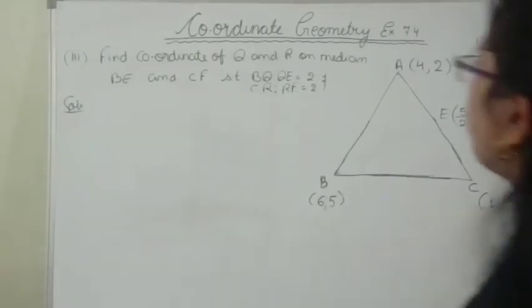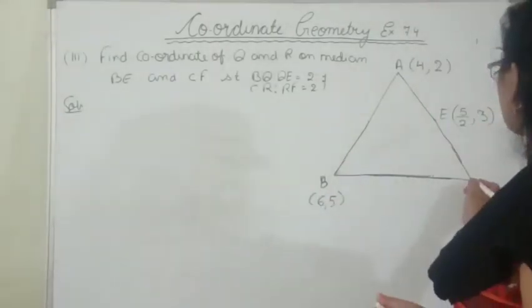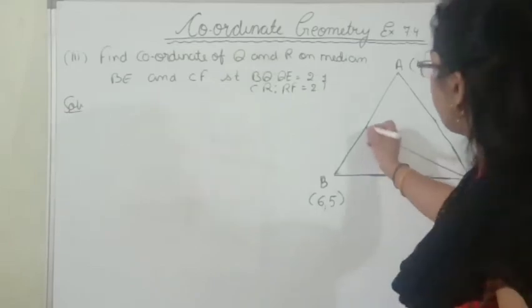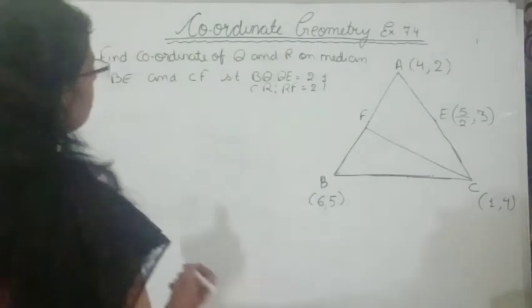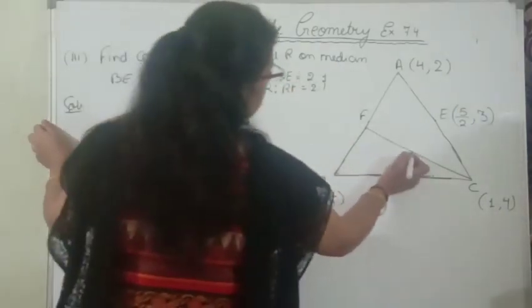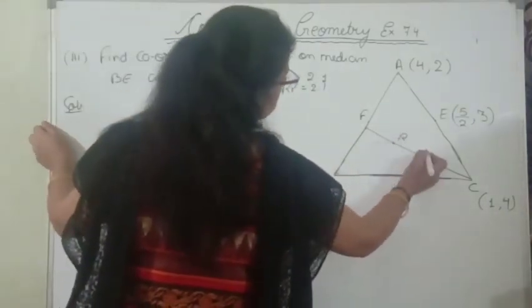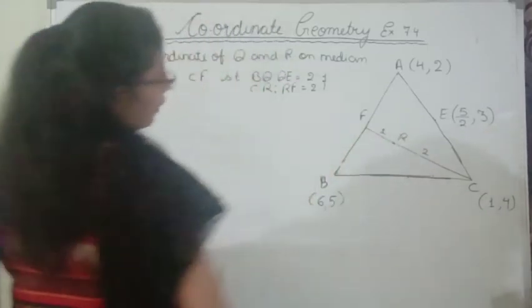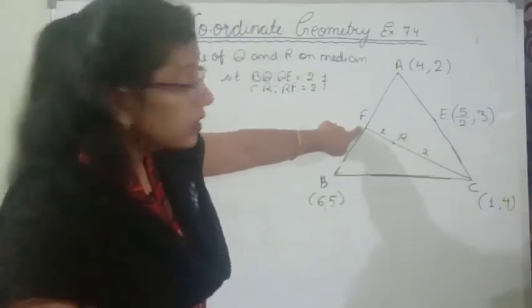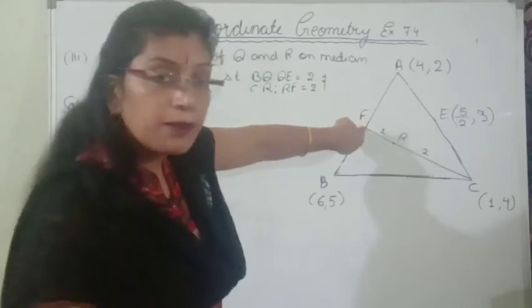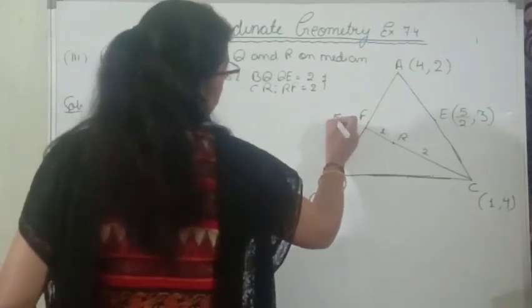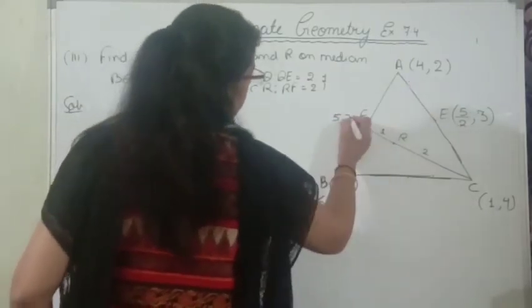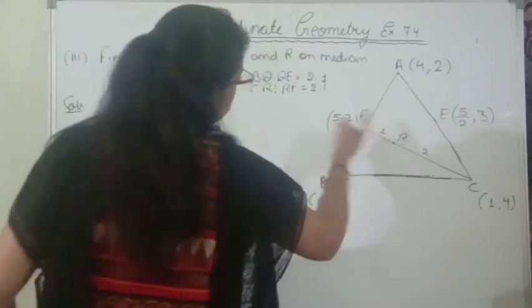Now in this, let me draw the median CF. So from C, I am drawing to the midpoint F. Again this is divided by a point R in 2:1. So we have to find the coordinate of this one first. This is the midpoint because it is a median. So x1 plus x2 divided by 2: 4 plus 6 is 10 upon 2, that means 5, and 5 plus 2 is 7 upon 2. So we got the midpoint.